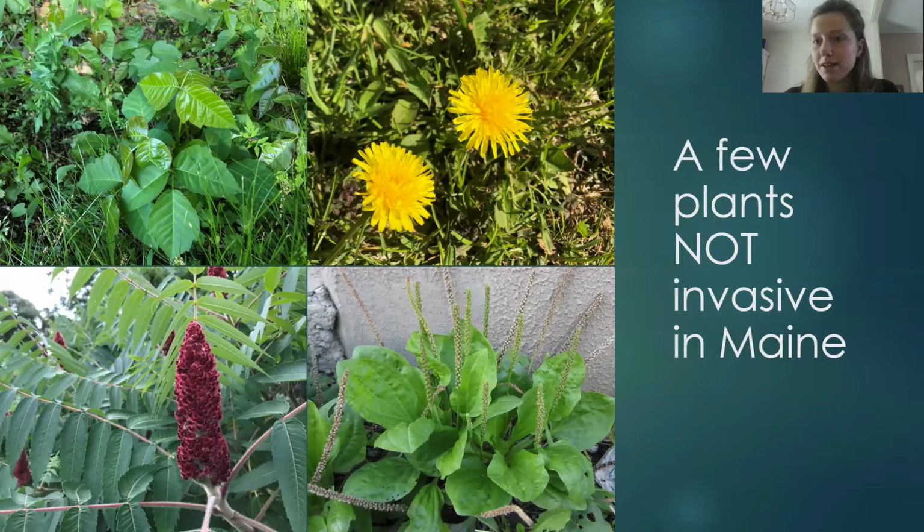It tends to form clonal colonies through vegetative reproduction, by sending up suckers, and so people will see big swaths of it along the roadside, for example, and think it's so invasive. But really, this is just the growth habit of this plant, and it's native, and it has some really awesome wildlife properties, and it's particularly great in an edge habitat area. So this is a cool one, not invasive, native.